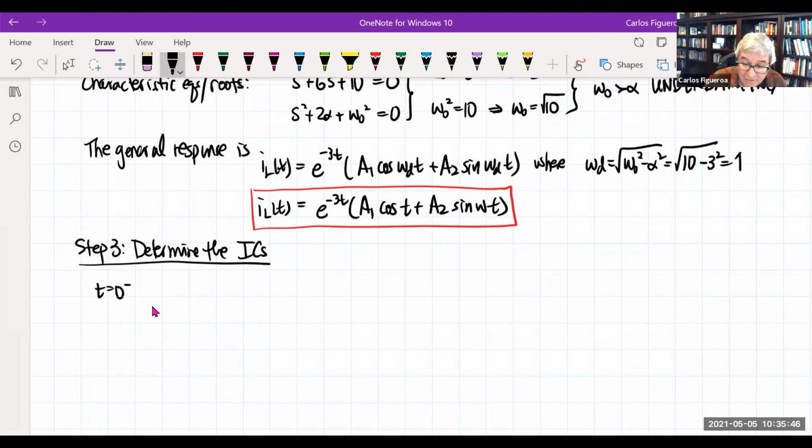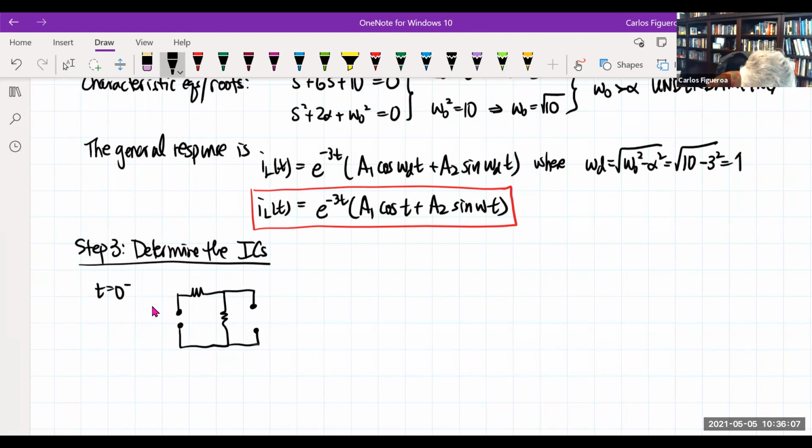What we found is that our circuit looks like this: I have a capacitor that's open, and I have no source.